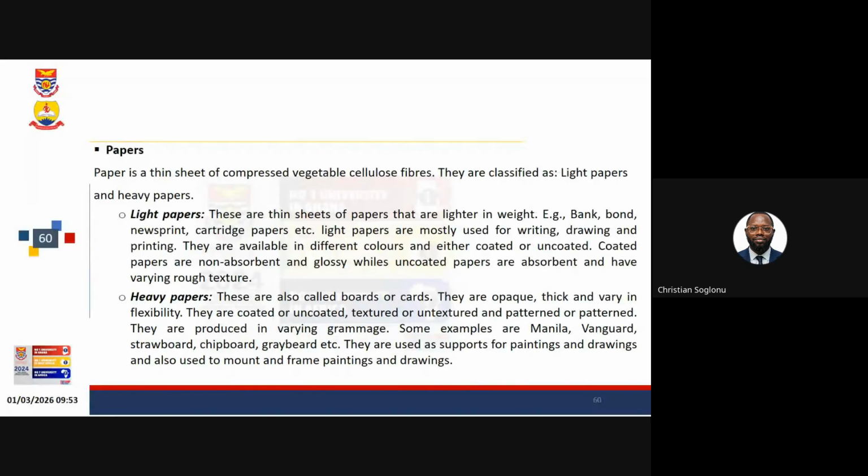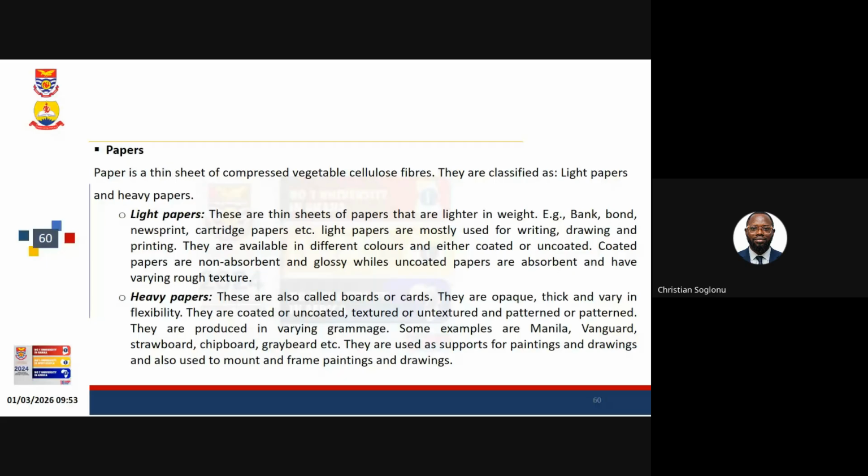Examples are banks, bond sheets, cartridge sheets, etc. Light papers are mostly used for writing, drawing, and printing. They are available in different colors and either coated or uncoated. Coated papers are non-absorbent and glossy, whilst uncoated papers are absorbent and have varied rough textures.